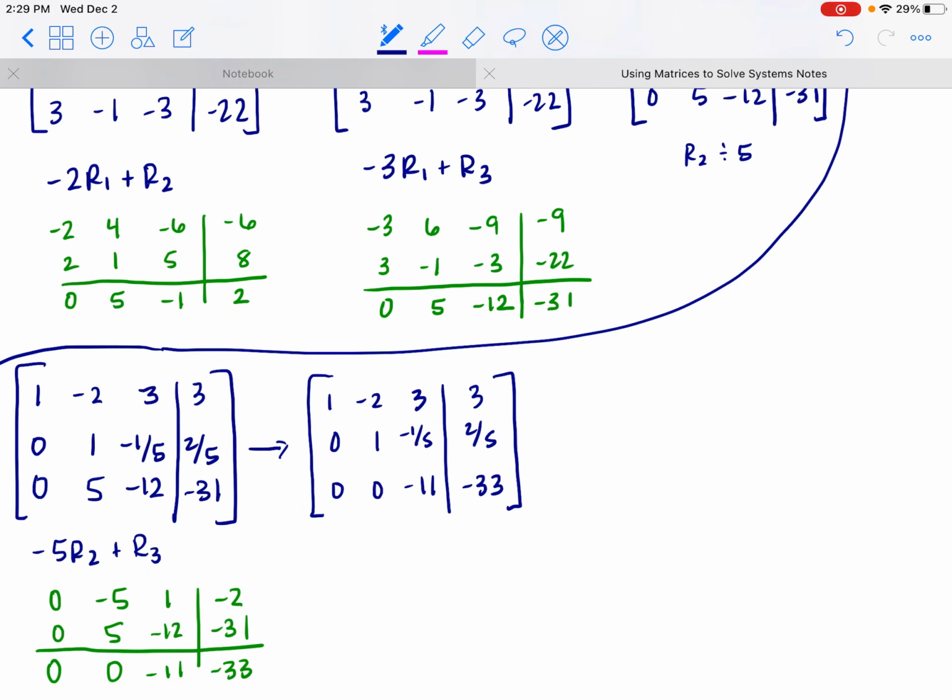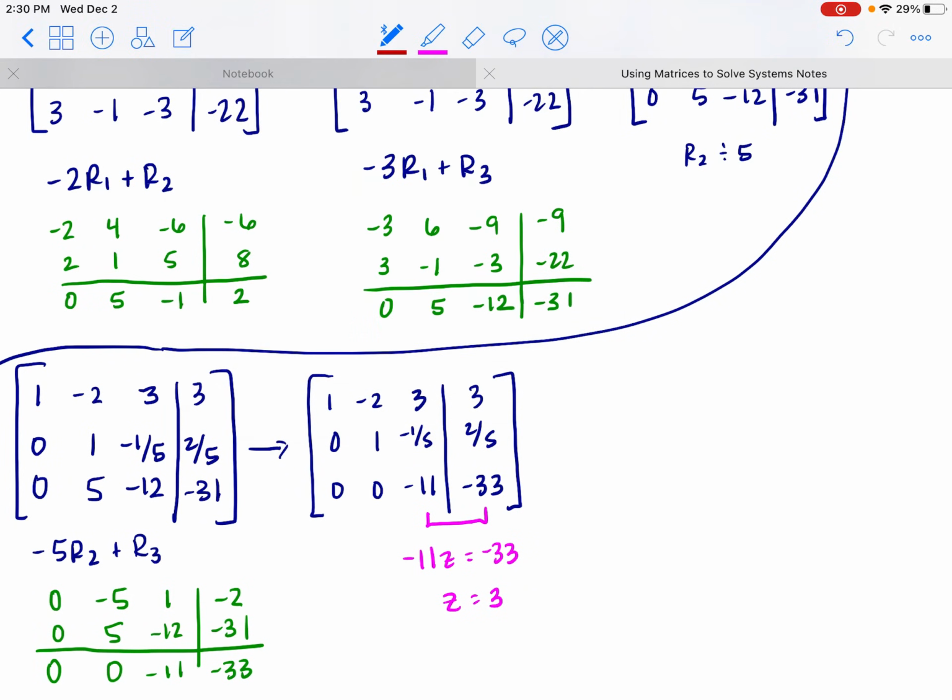Actually, I'm going to go ahead and stop there, but if you wanted to continue, you would just take row 3 and divide it by negative 11, and that would put a 1 here, and that would give you your solution. But honestly, now that we've gotten this far, we can see right here that if negative 11z equals negative 33, then z has to equal 3.